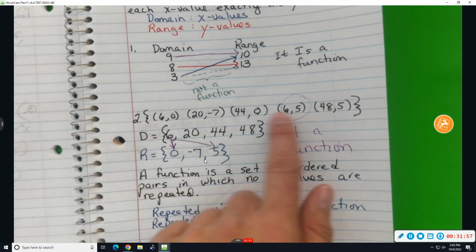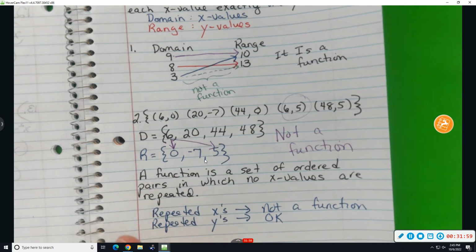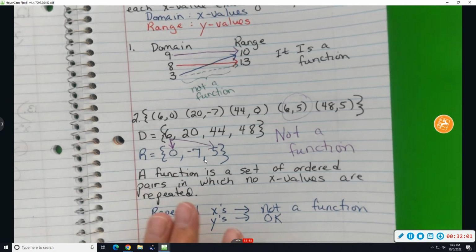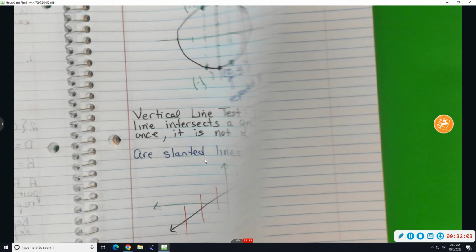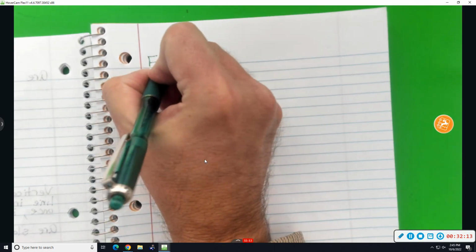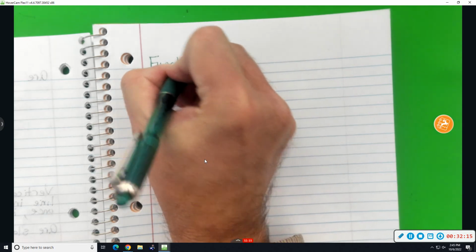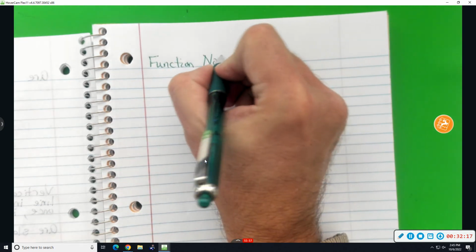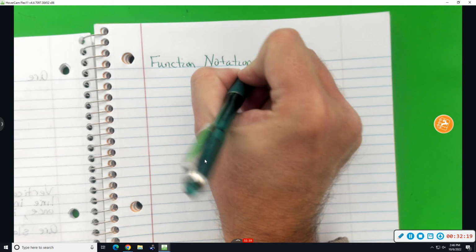You can list out ordered pairs, and if there are no repeated x's, then it's a function. Another way we can write functions is with equations, something called function notation.